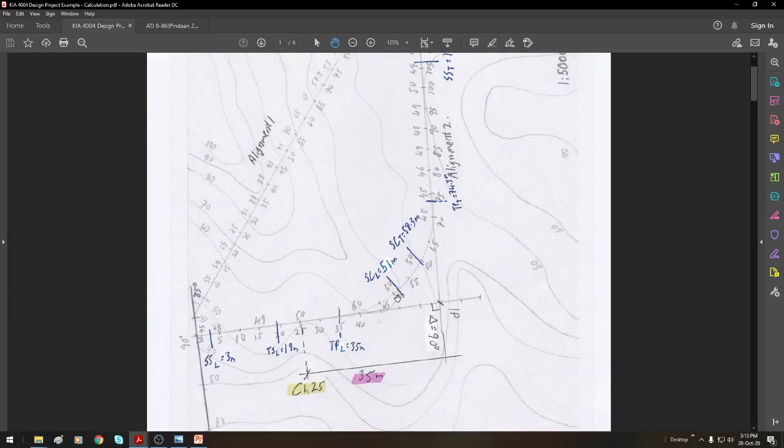The only circular portion in your curve is between these two SC points. Sorry, the spiral is from here, TS to SC. But the development of the super elevation starts from here, SS to SC.